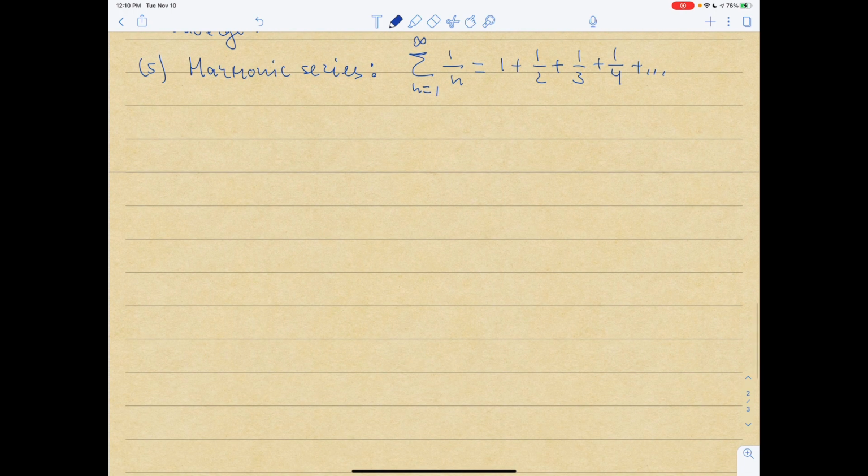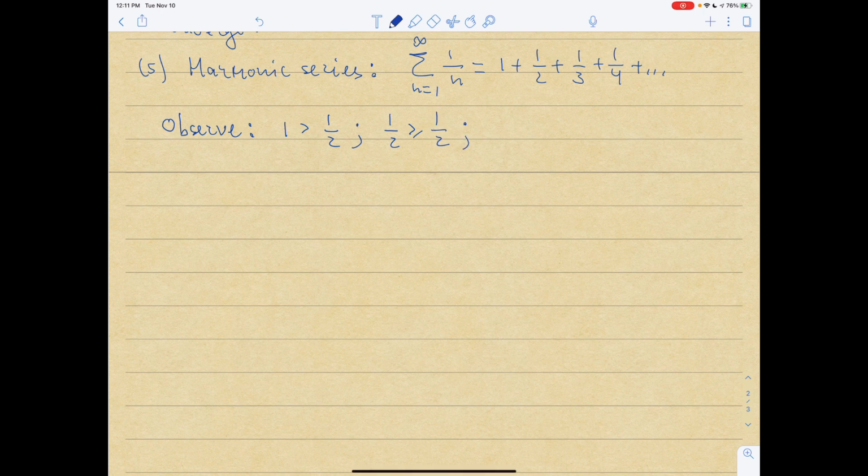So if I look at just 1, so observe. Of course, 1 is greater, simply greater actually, than 1/2. 1/2 is greater or equal than 1/2.